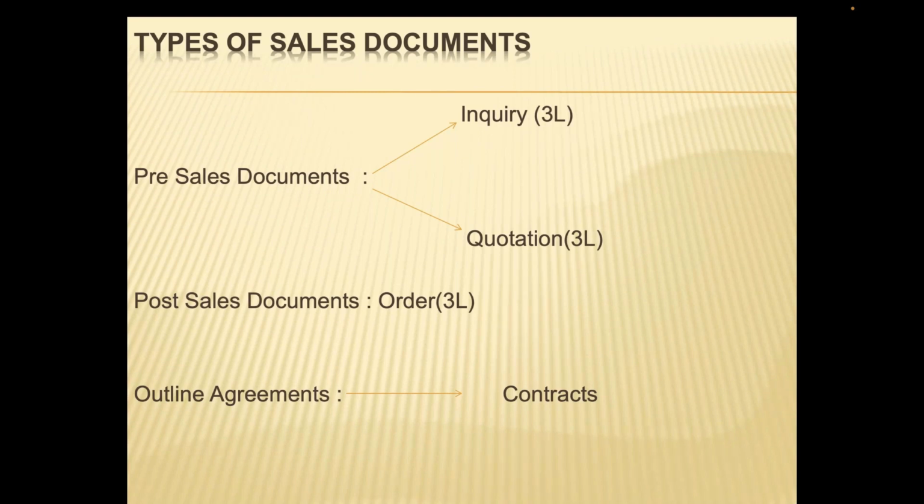New versions are coming for a new expression, but functionality will never change. I'm saying, SAP since version 4.6 in the 90s, till now, nothing changed related to the functionality. Same documents, inquiry, quotation, order and all, and the layout is the same. The fields are the same.